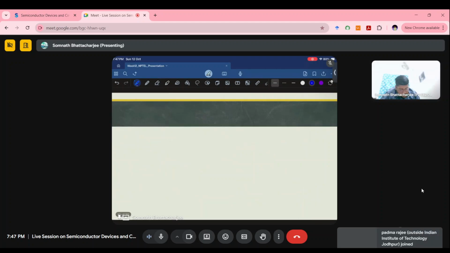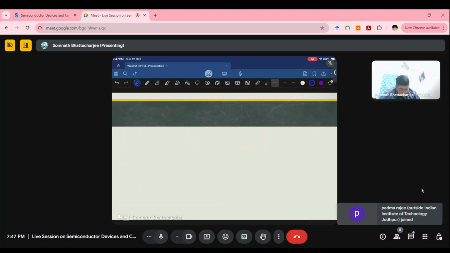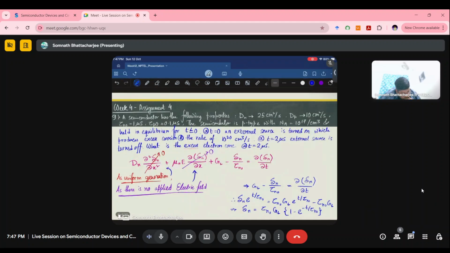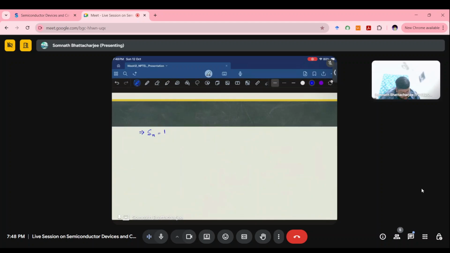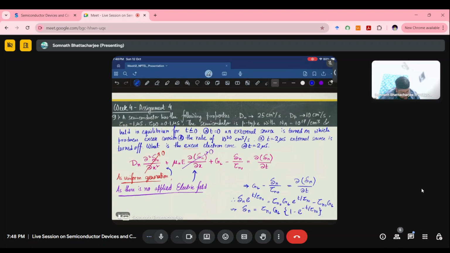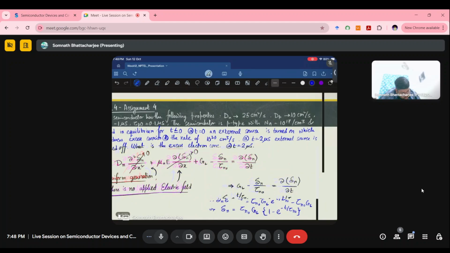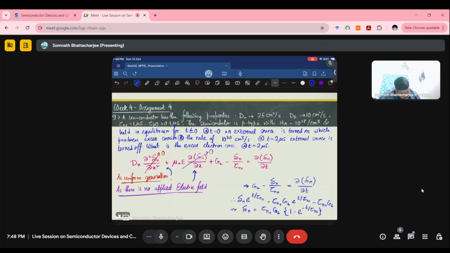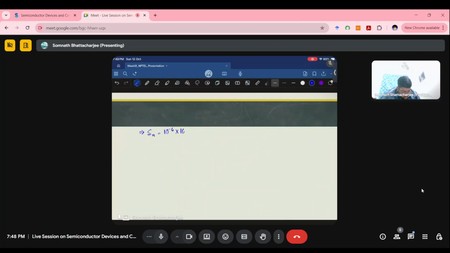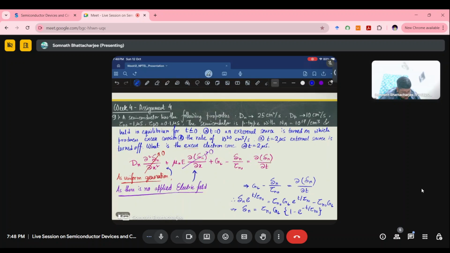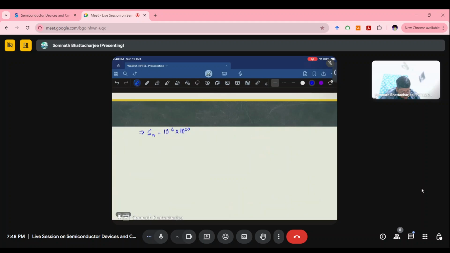We'll move to the next page. del n equals, so what were the values? tau n naught was 10 to the power minus 6, GL was 10 to the power 20 in centimeter cube. So we don't need to change the units.